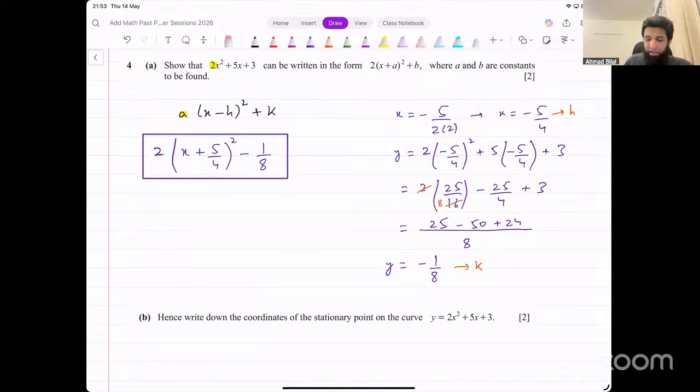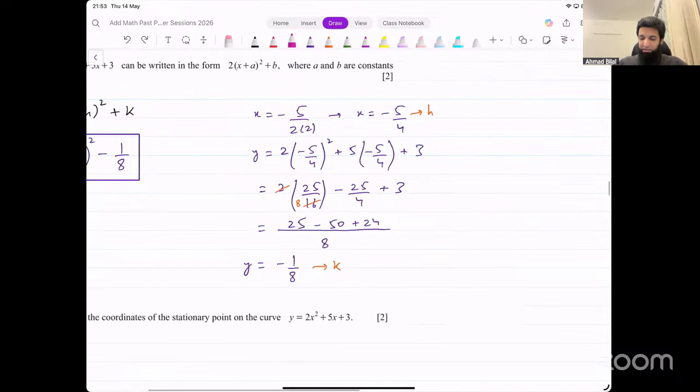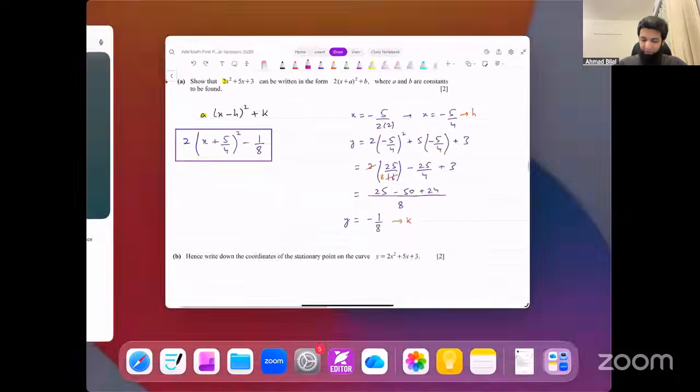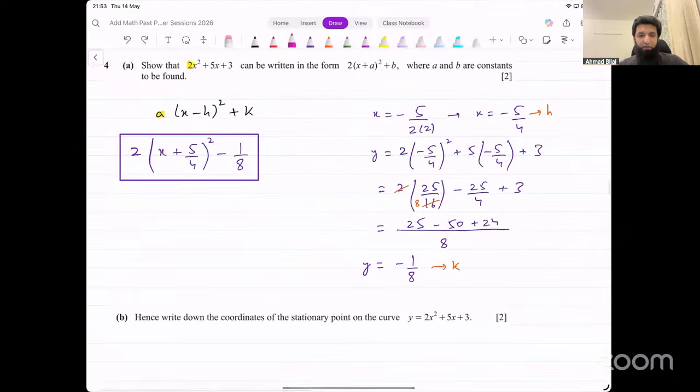That's our final result. In the calculator paper, it becomes extremely efficient because you can find the turning point from the calculator directly. And that's allowed. You can do that. In the non-calculator paper, of course, you have to do manual working, and that's okay. But if it comes in the calculator paper, you can actually just use a calculator directly. Okay, I don't have that open right now. But maybe we'll do that in one of the other classes.